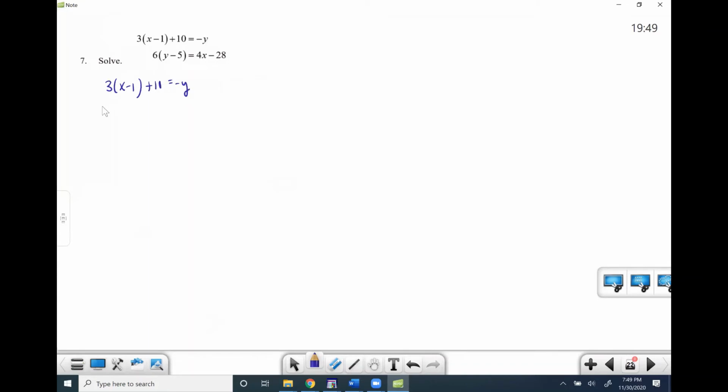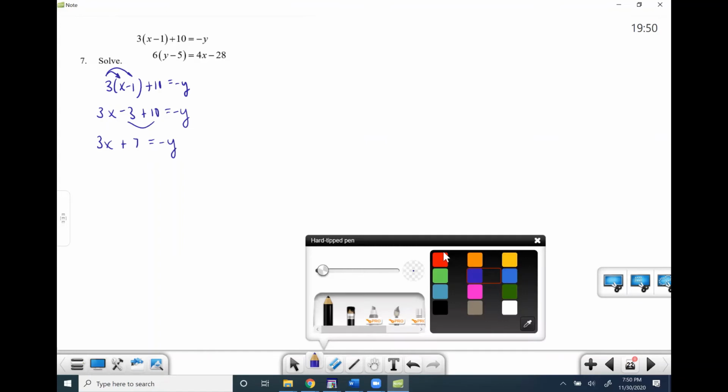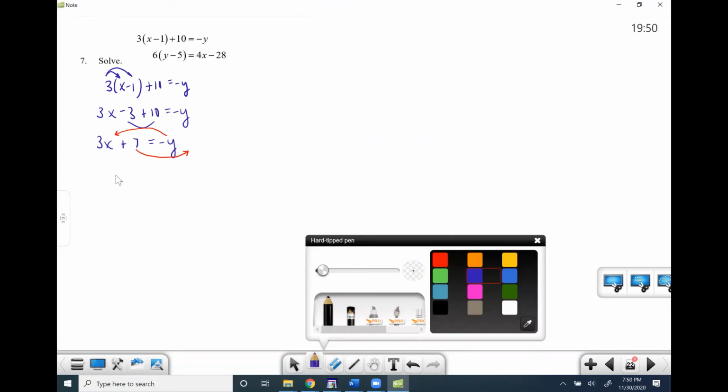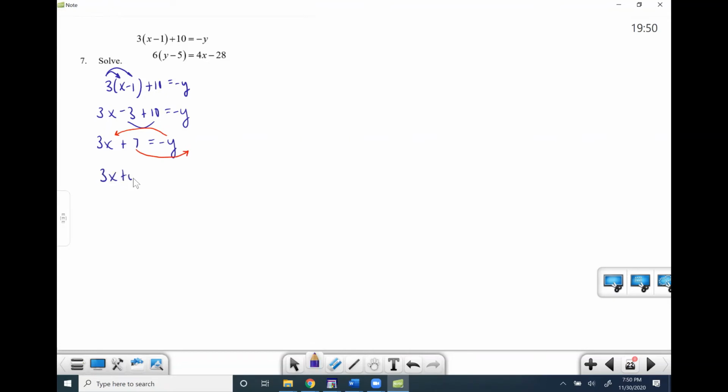All right, so here we go. We're going to play the switcheroo game, right? We're going to move y over so it's positive and 7 over so that it's negative. That is in standard form.